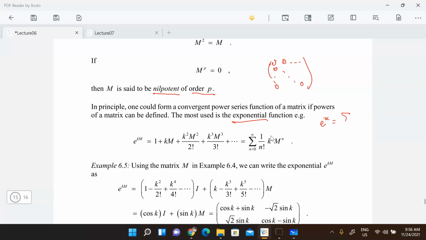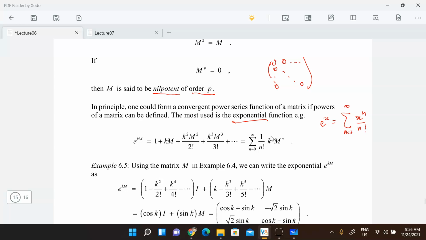This is just the sum from n equals 0 to infinity of x to the n over n factorial. I can do that with a matrix, since I know how to take powers of M, so I'll be able to find the exponential of M. It's simply defined in this way.